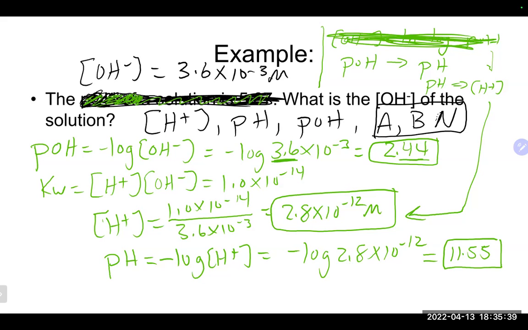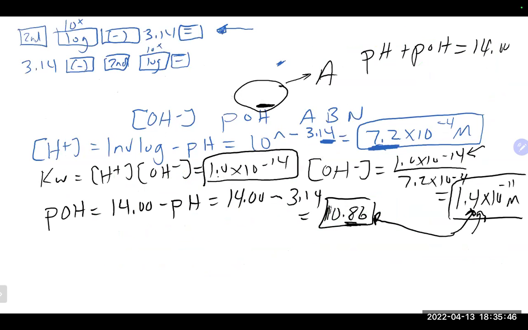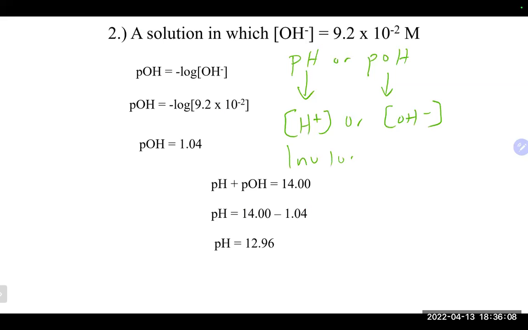Yes, sir. Yeah, so let's see here. Find somewhere I can scribble. Here's the deal. If you have either the pH or the pOH, and you want to use those to get to the H plus or the OH minus, those are the calculations where you use the inverse log of the minus pH, the inverse log of the minus pOH.